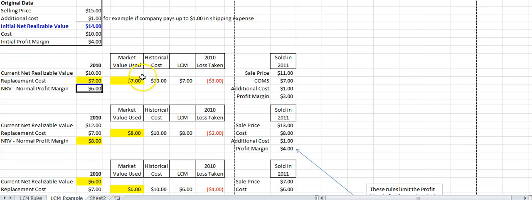So my new net realizable value is 10. 11 minus 1, as you can see here, and my normal profit margin tends to be 4. So my net realizable value minus normal profit margin is 10 minus 4, which is 6. And so replacement cost falls right in between, so we will use that as our market value to compare to historical cost.